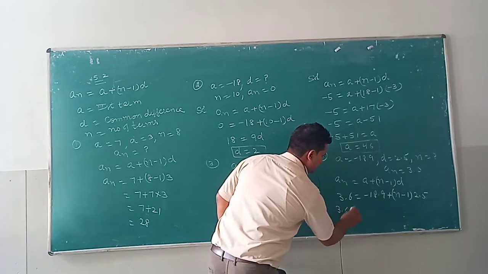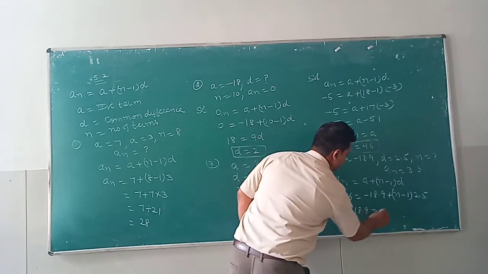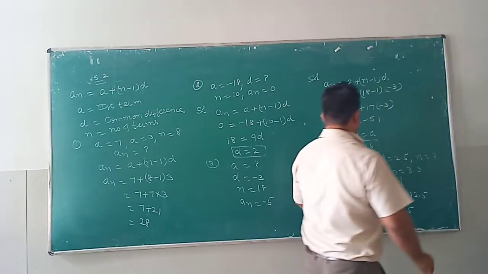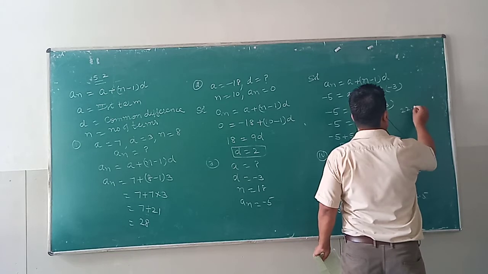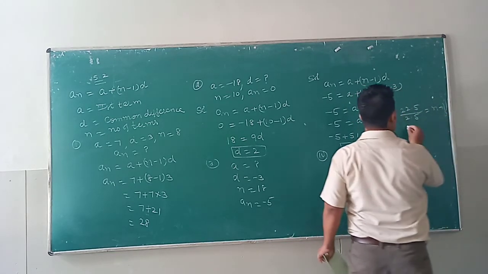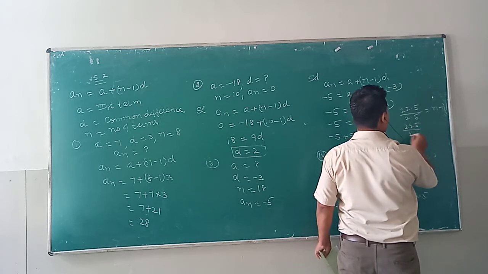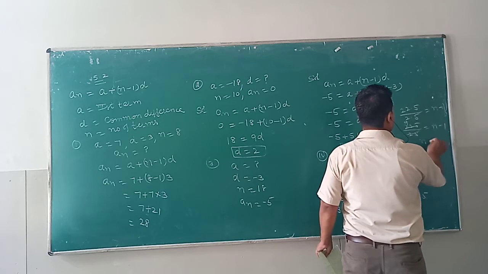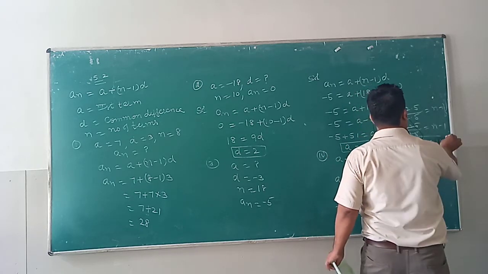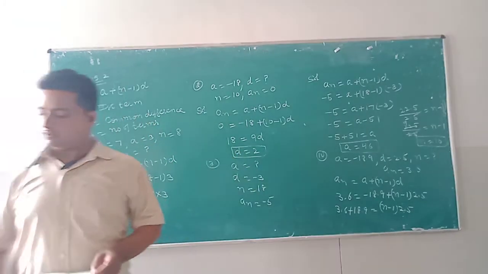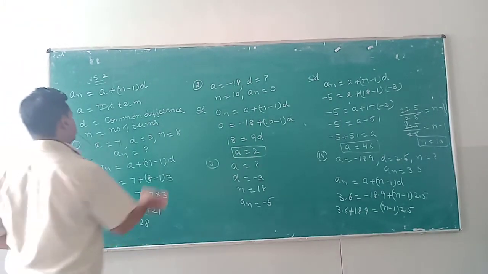This becomes 22.5 equals n minus 1 into 2.5. When we add, this is 22.5 upon 2.5, n minus 1, this is 225 upon 25, n minus 1 is 9. So n is 9 plus 1, 10. So in this AP, the number of terms is 10.